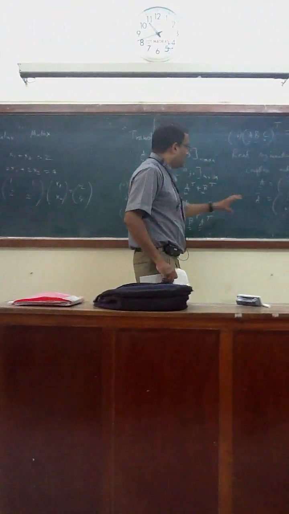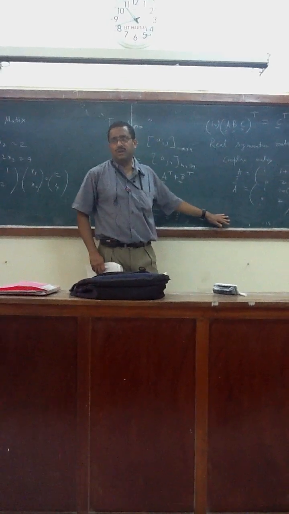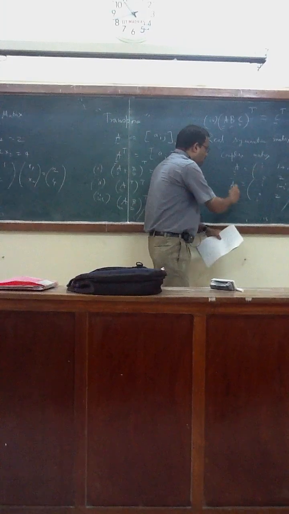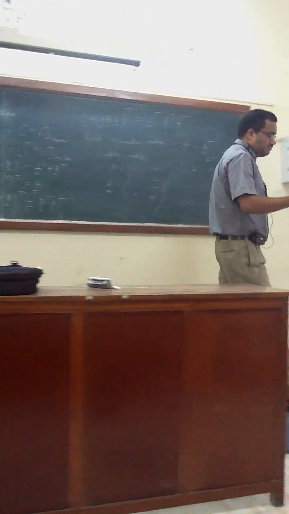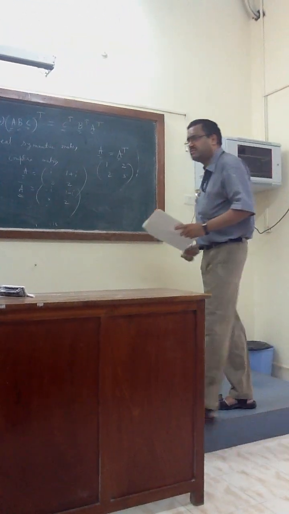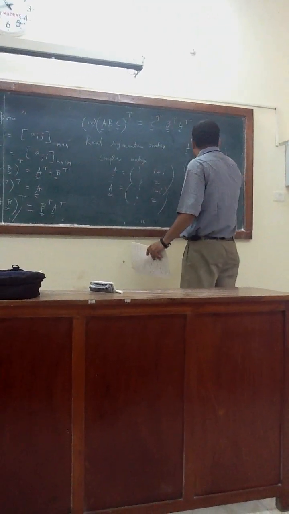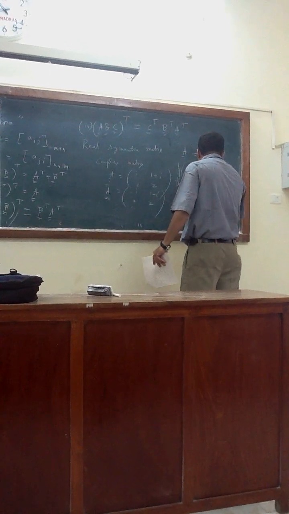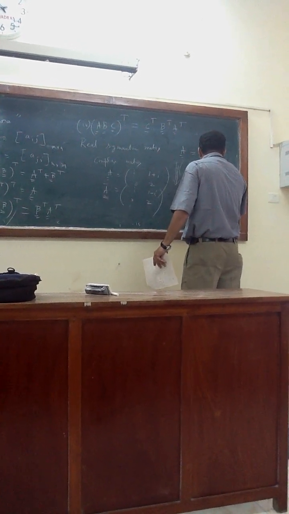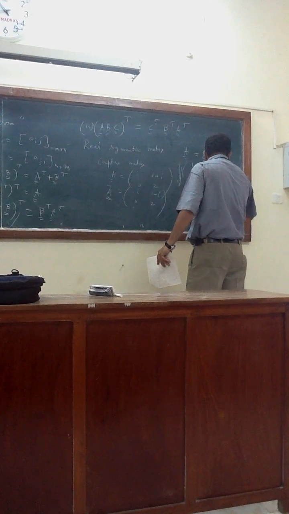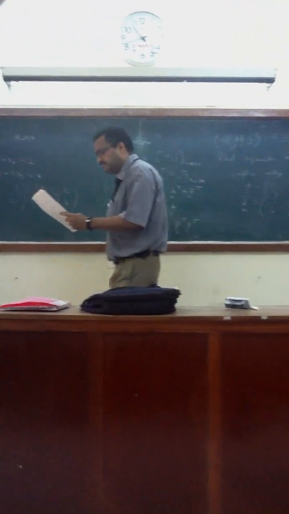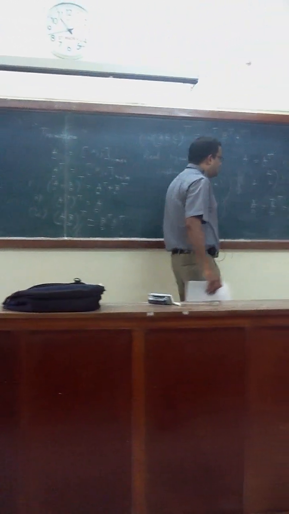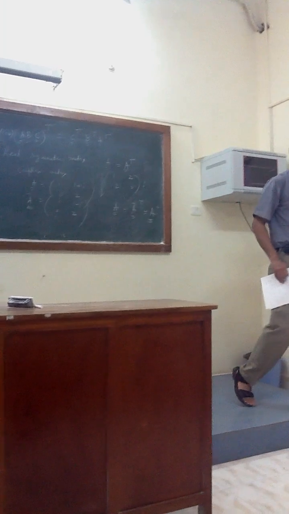So this is the way a complex matrix is dealt with. When a complex matrix is there, you have to take A bar, the complex conjugate of A, and then A equals A bar transpose, which we call Hermitian. If A equals A bar transpose, then the matrix is termed a Hermitian matrix.